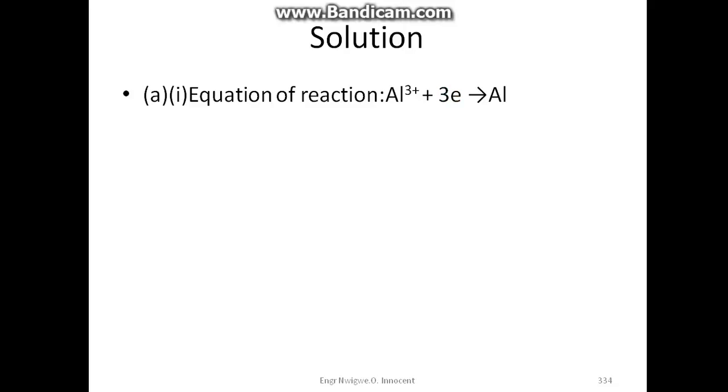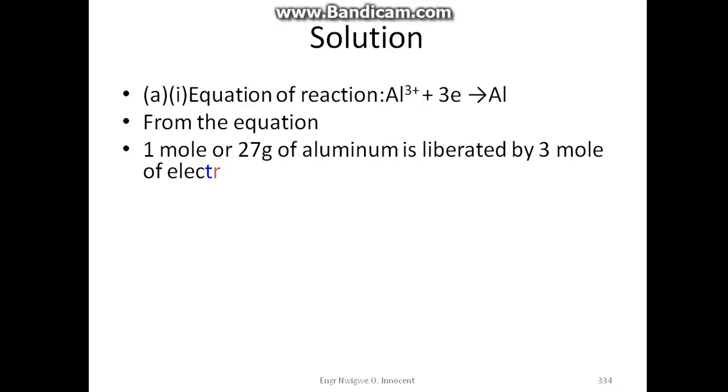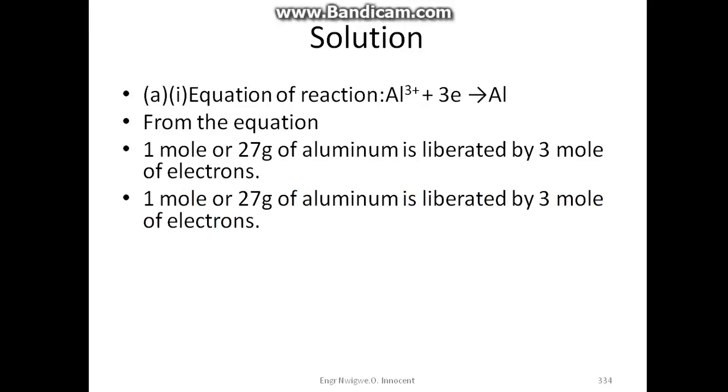Solution. Answer to question A. Equation of the reaction. Aluminium having 3 positive valency will absorb 3 electrons to form neutral aluminium. From the equation, 1 mole or 27 grams of aluminium is liberated by 3 moles of electrons.